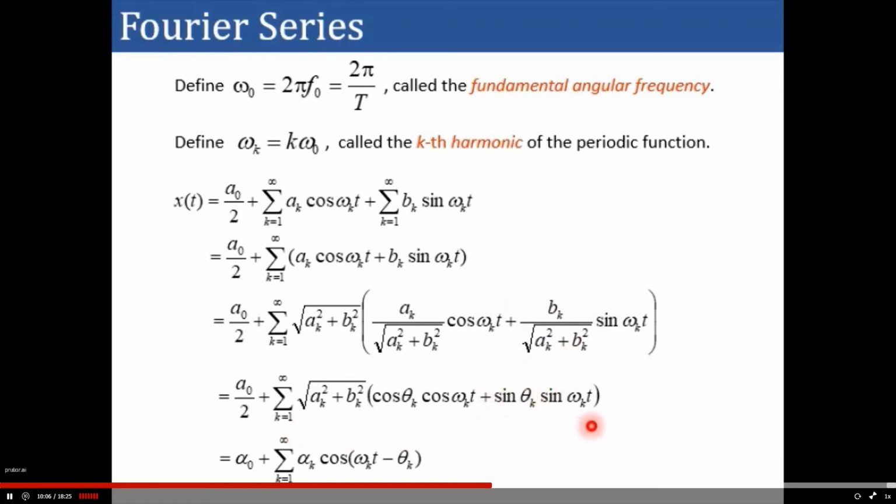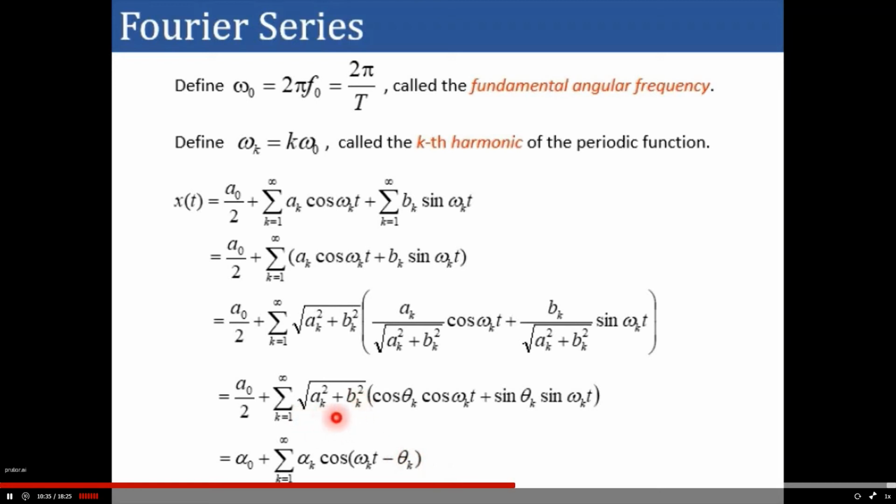Now this can be simplified as alpha naught plus sigma of k equal to 1 to infinity alpha k cos(omega k t minus theta k). So this expression, that is cos theta k cos omega k t plus sin theta k sin omega k t, can be written as cos(omega k t minus theta k).